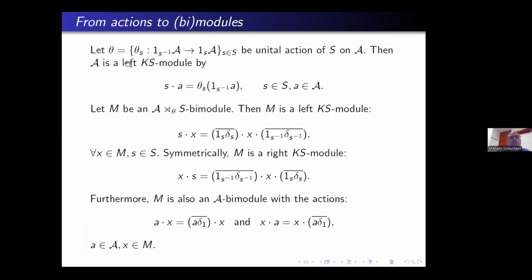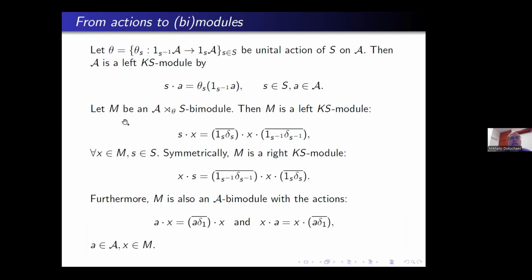Suppose you have a unital action, and then we need to transform A into a left KS module, and it is done this way. Just by the action of theta s, you multiply A by 1s minus 1 in order to put A into the appropriate domain.